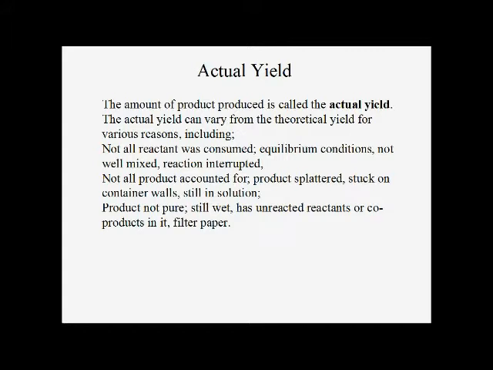We can have a side reaction that produces an unexpected product that we weren't looking for. We could have not been able to extract our product out of the reaction container or the solvent, or sometimes we can't purify the product properly, so it has a contaminant, such as solvent or other things, in it.